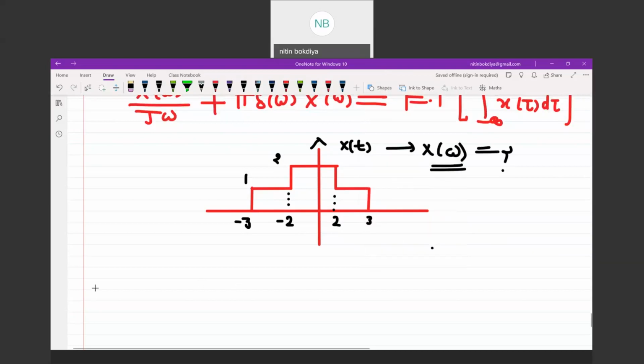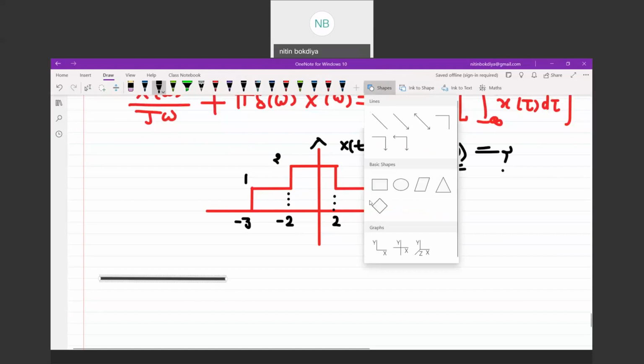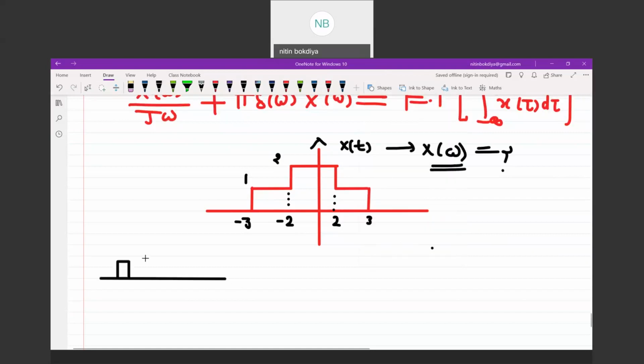The first part is this: one function is from -3 to 3. This is x1 of t, and this function has a magnitude of 1.